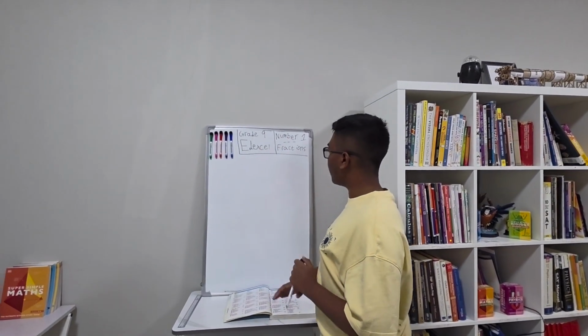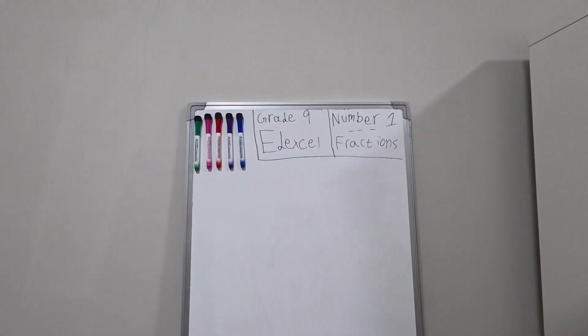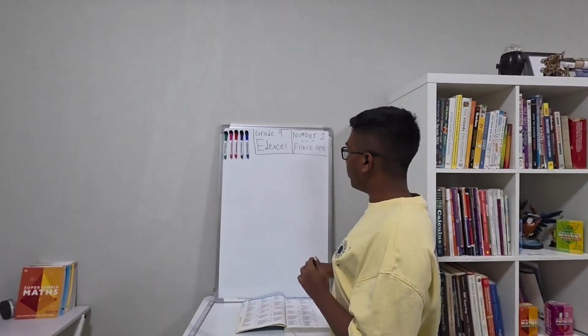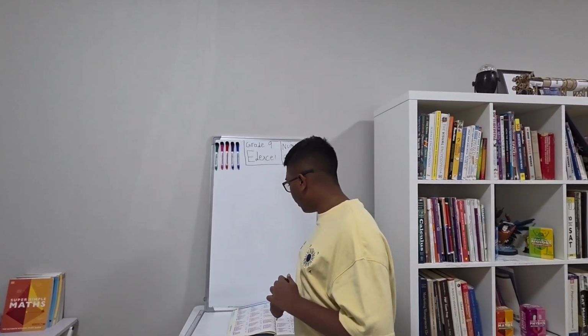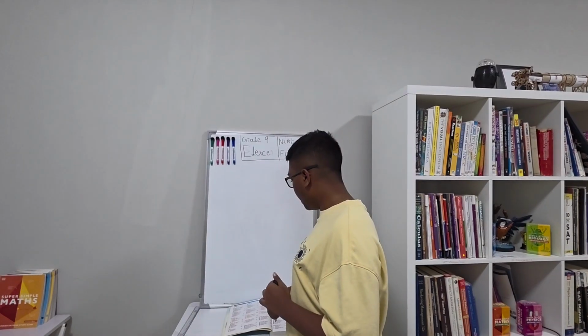In this video, we will be covering the very first topic of the grade 9 Edexcel Mathematics of the IGCSE curriculum. So, the first unit has several parts, those being number 1, algebra 1, graphs 1, shape and space 1 and sets.